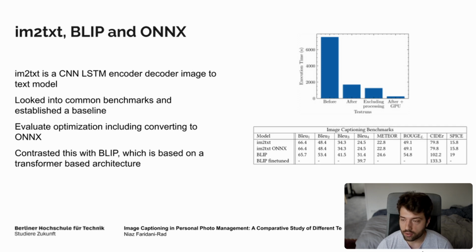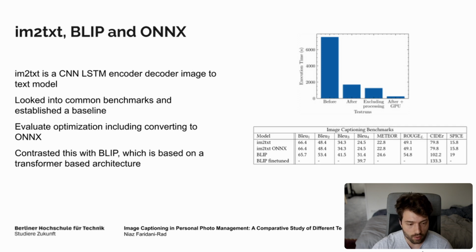Then I looked into converting to ONNX. That worked for the im2text model, but quantization didn't work. I ran into a lot of issues with that, like unsolved GitHub issues basically. So for the rest of my master thesis, I didn't look into it because it seemed like a topic for itself.